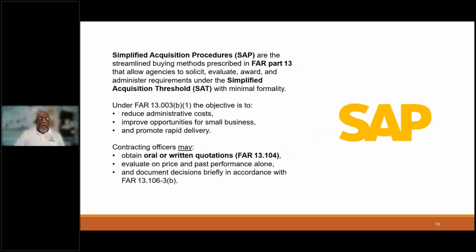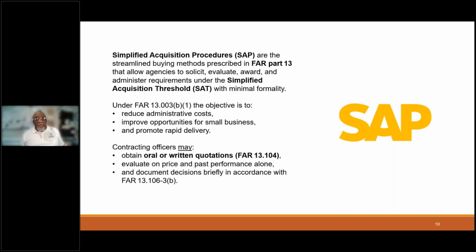Okay, so let's set the stage a little bit. Streamlined buying methods, simplified acquisition procedures. Those methods can be found in Part 13 of the FAR, the Federal Acquisition Regulation. It lays out all of the strategies and tactics and gives lots of latitude in terms of what can be accomplished under the simplified acquisition threshold of $250,000.